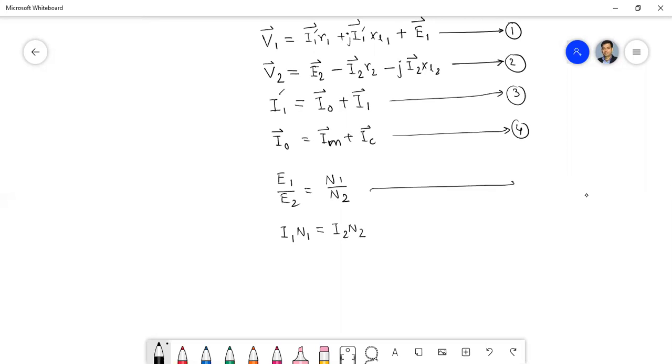So these two equations are also very important to understand the magnetic coupling, and also the fundamental equation, that is EMF per turn.